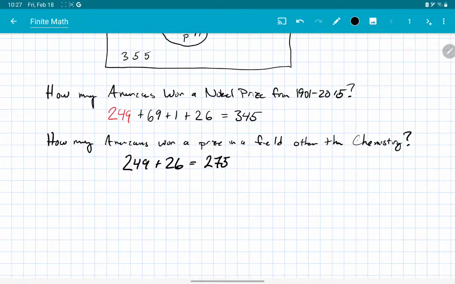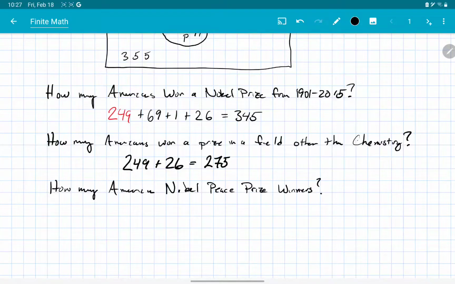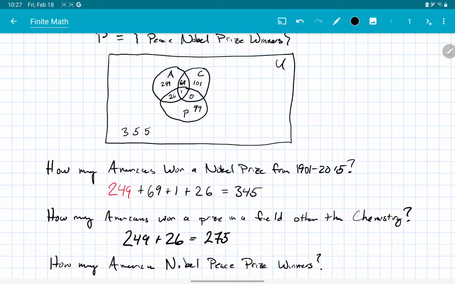Okay, now we're going to ask how many American Nobel Peace Prize winners. Scroll up to look at this picture again. Okay, so the Peace Prize is that bottom circle, and it intersects with the Americans in two regions.